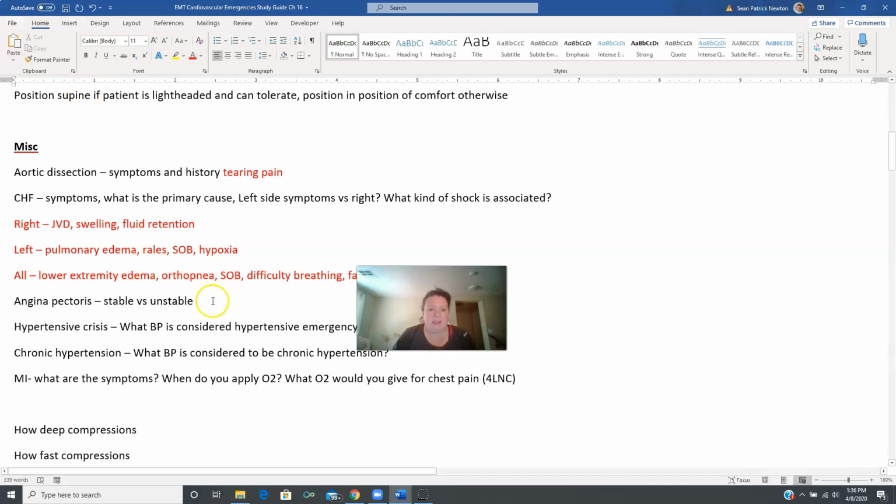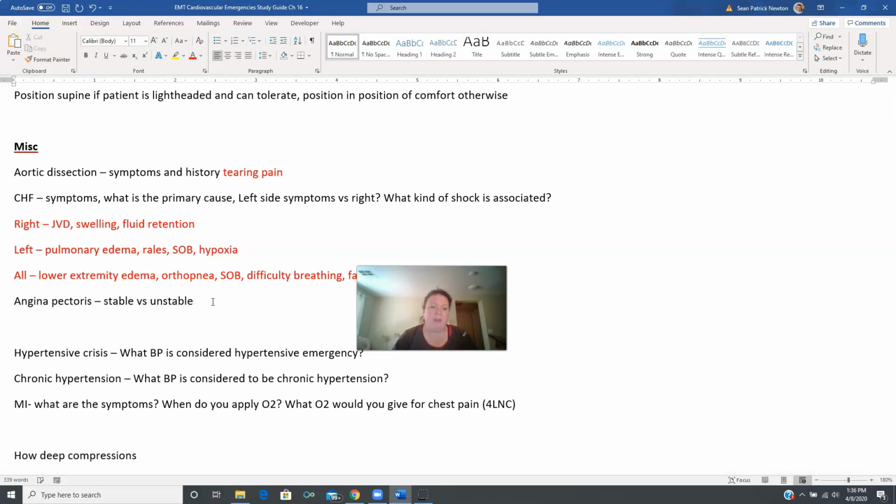Angina, stable versus unstable. So stable is when the patient does have coronary artery disease. They have a narrowing of their coronary arteries. And when they're sitting and resting in a recliner, the coronary arteries are able to perfuse and give all of the heart muscle adequate oxygen and nutrients.